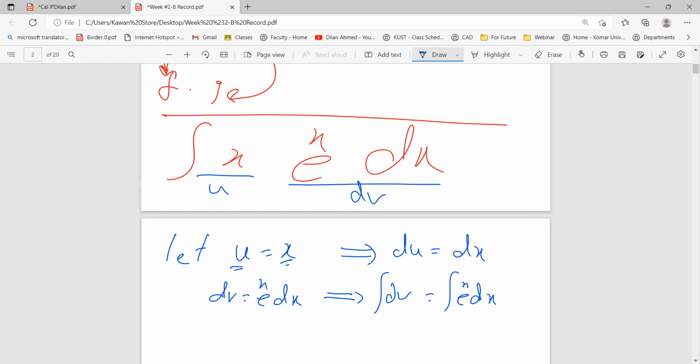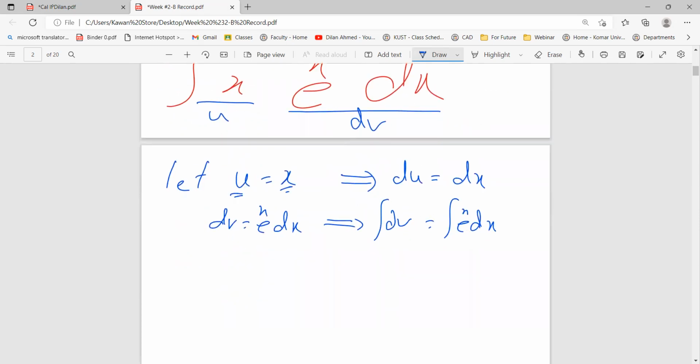The integral of dv is v, and the integral of e to the power x is itself, e to the power x plus c. But here I am not going to write down c, because later we have another c, so we add all of them and put them as one c.